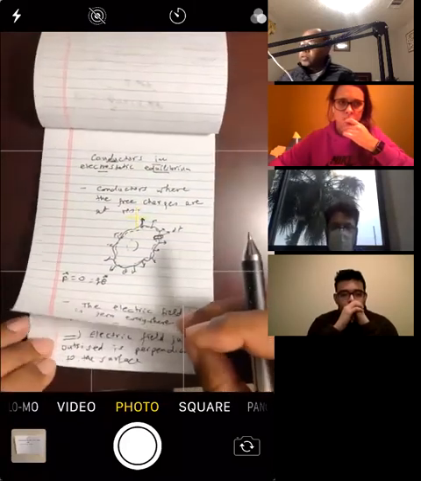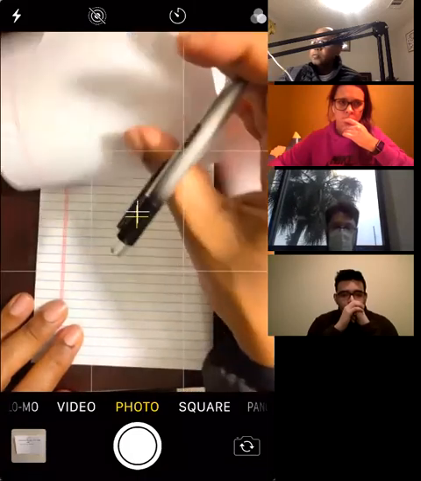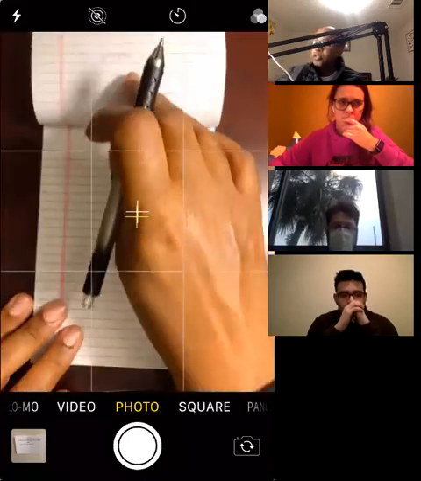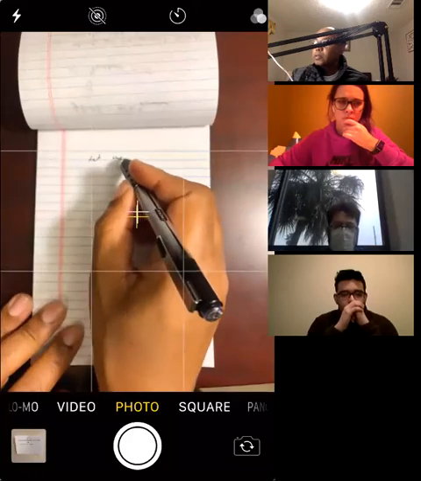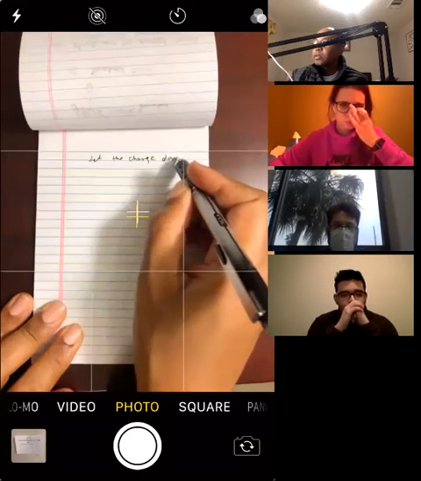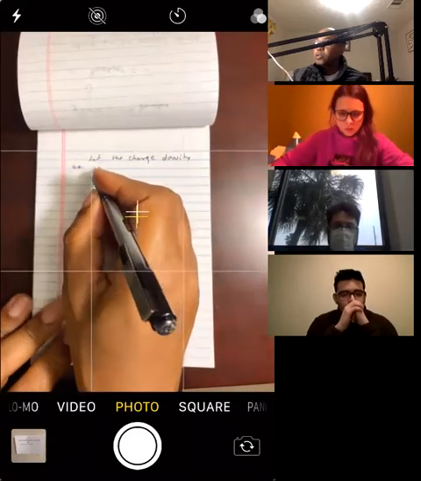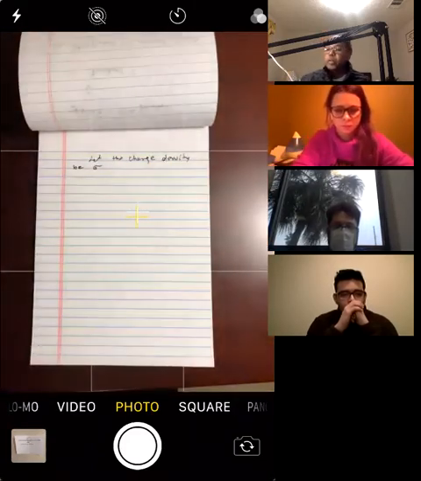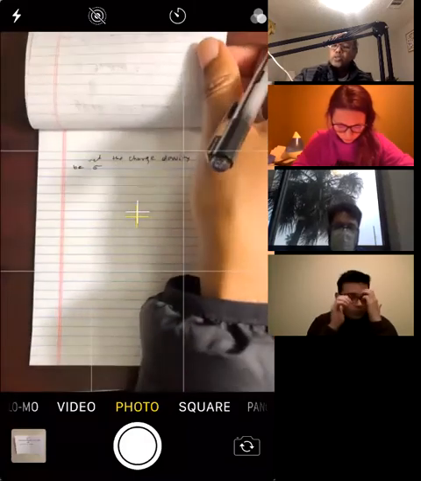So if I use this cylinder, first let me say, let the charge density on the surface be sigma. In this case, it is not constant. It changes from place to place. That's why I'm taking a very small cylinder so that I can assume the density to be constant.